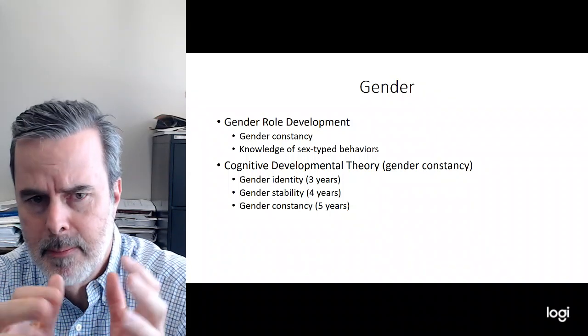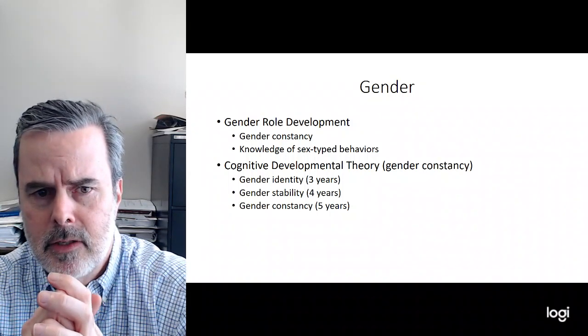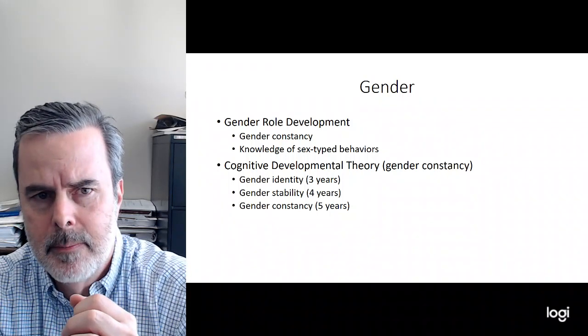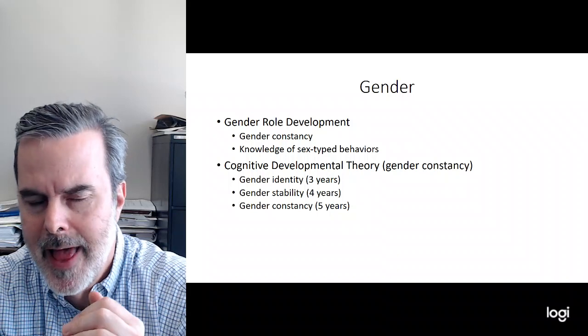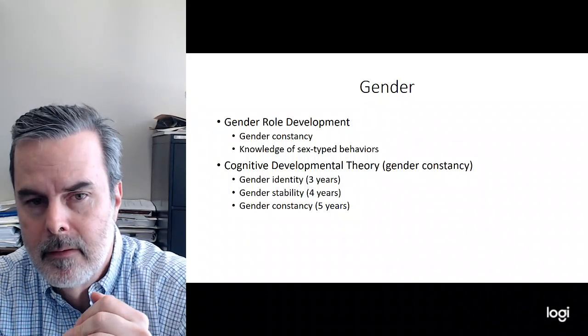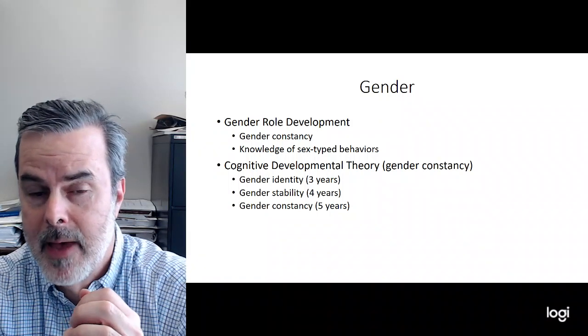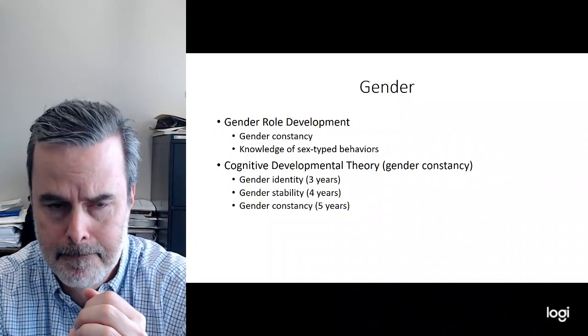And in some cases, stereotypes can lead to various sorts of problems because they can constrain the types of behaviors that people feel comfortable displaying. But these expectations can shape our behaviors and can shape how we view other people as well.